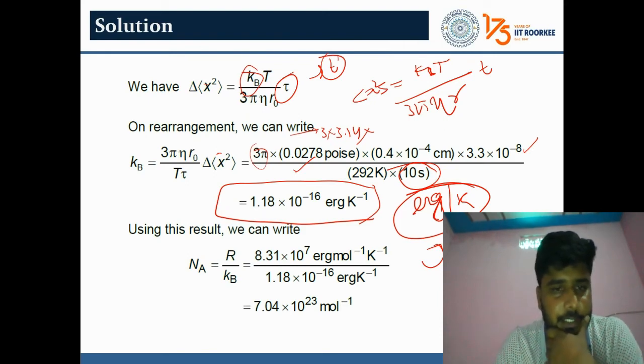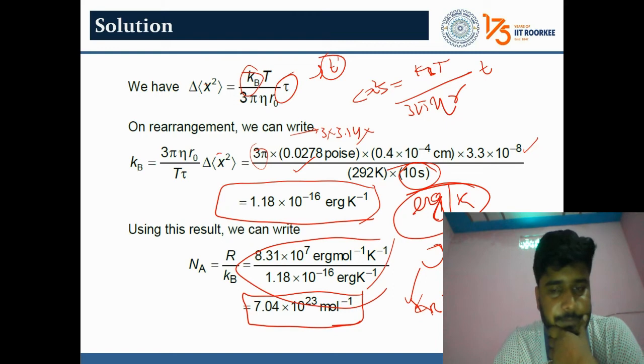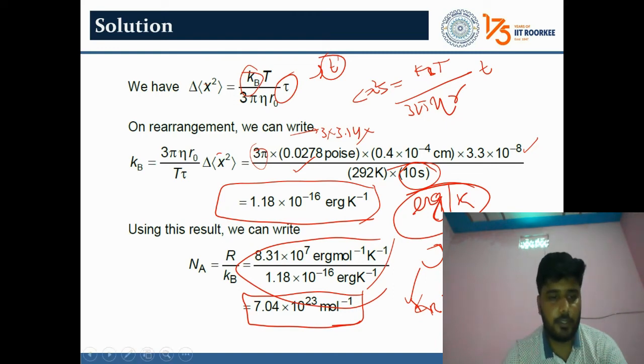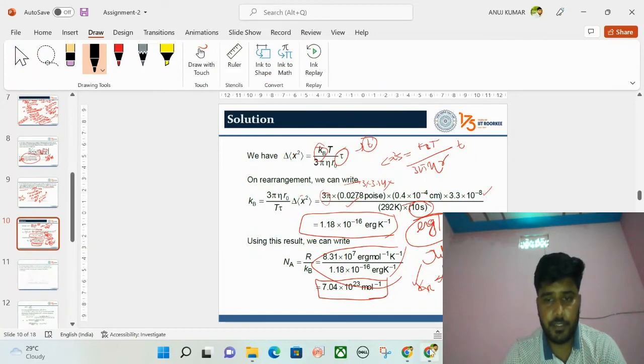Okay, so again using these results we have kB is equal to just R upon N_A. From this value you can calculate the Avogadro number. So this is the value of Avogadro number after these simple calculations. So the solution is clear.